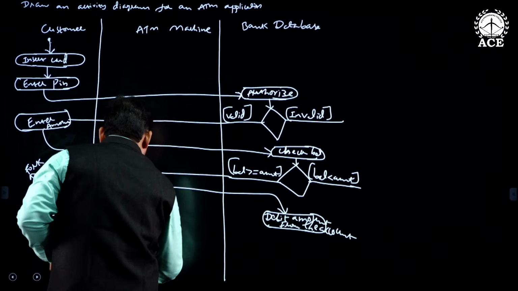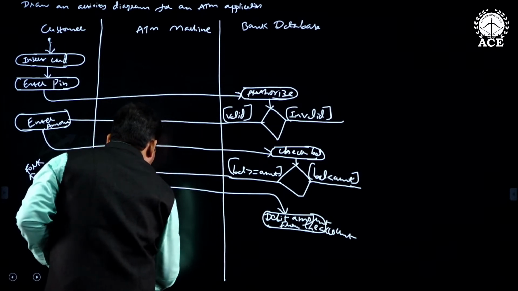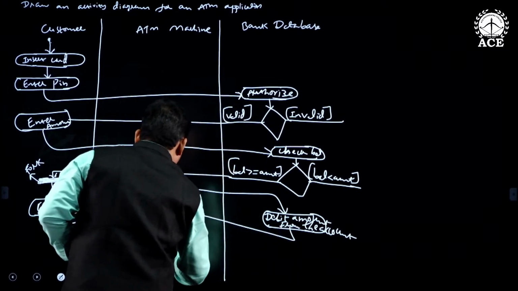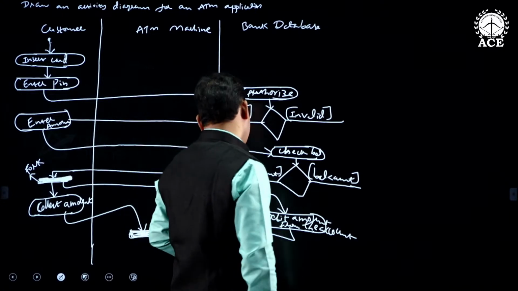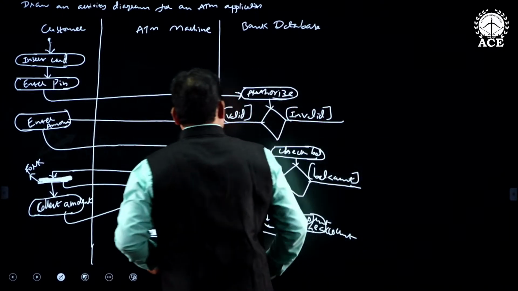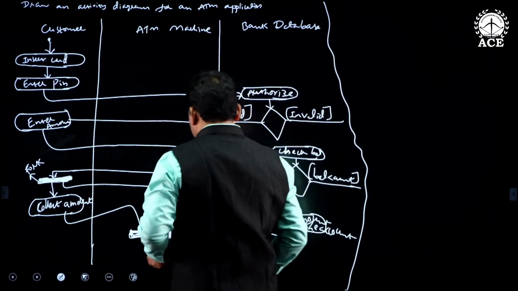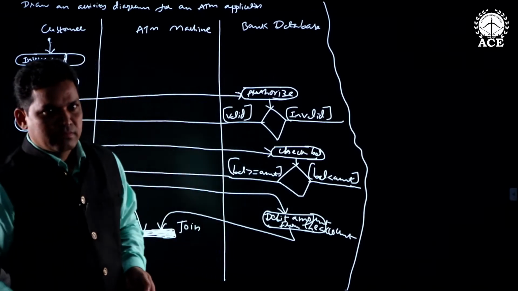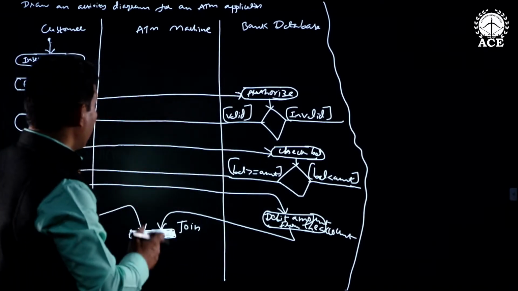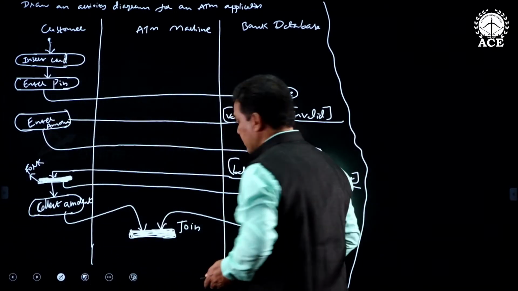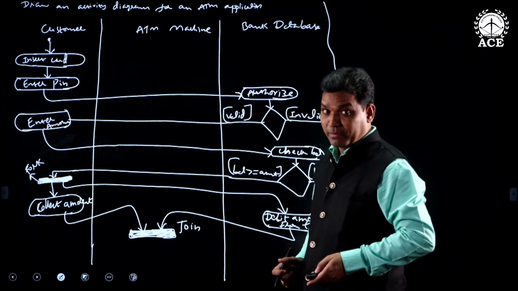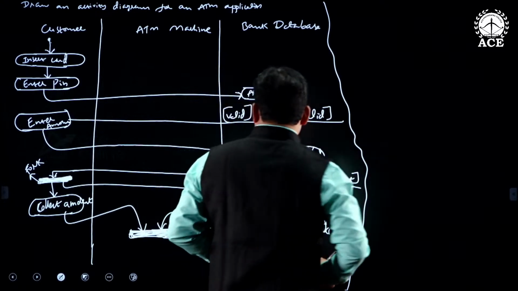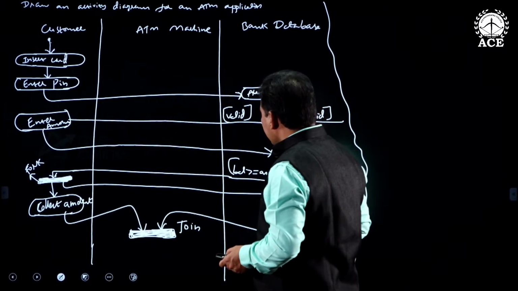Two incoming transitions combine and produce one outgoing transition, and we call that a join. Once the join happens, let's see.